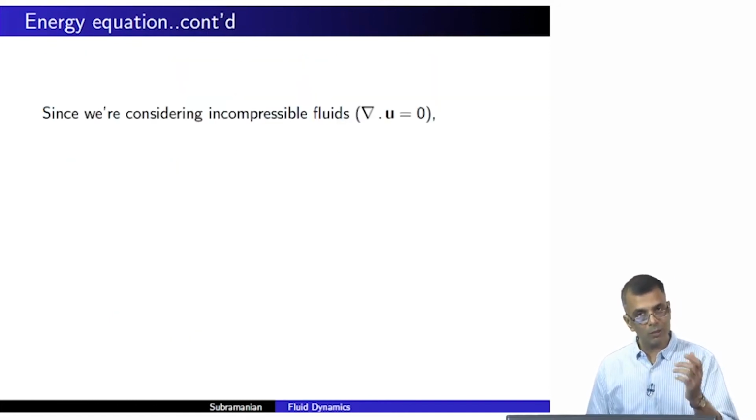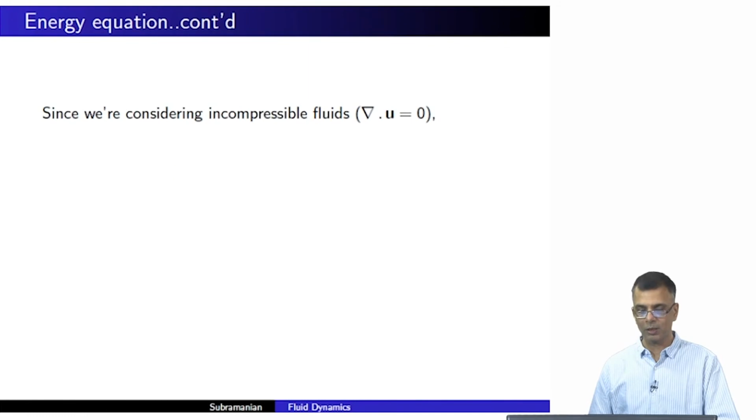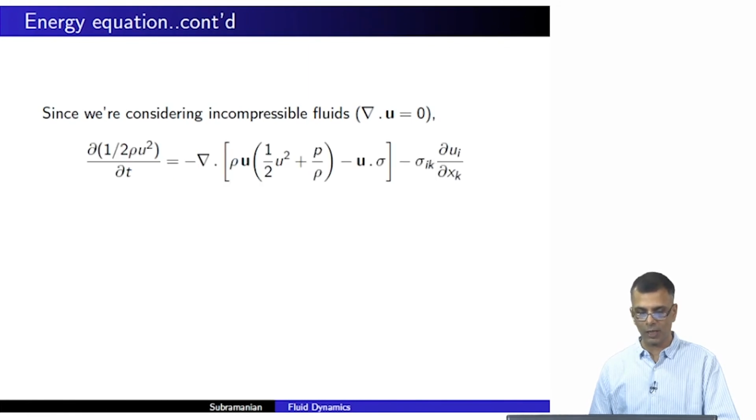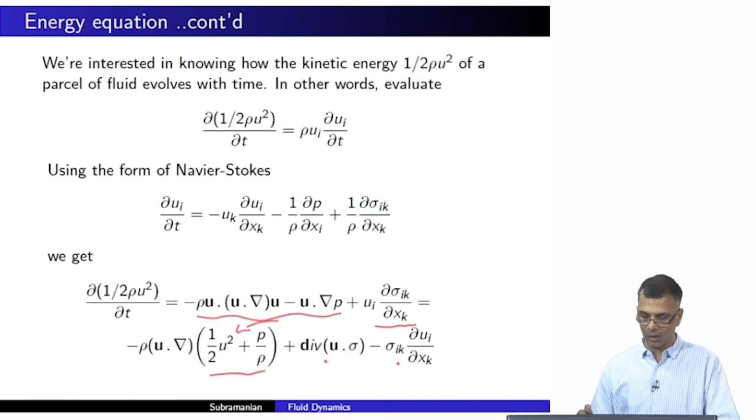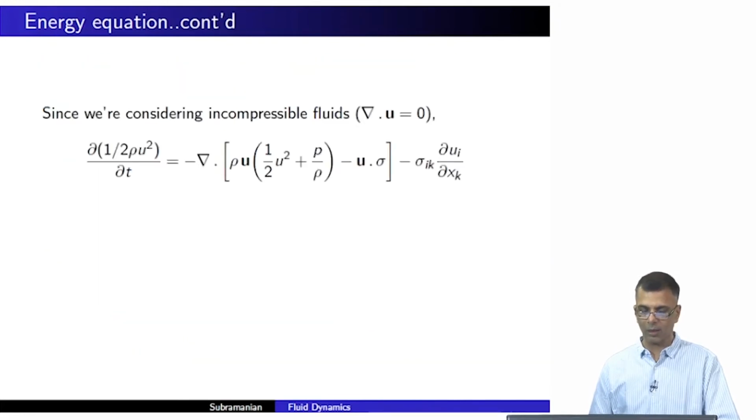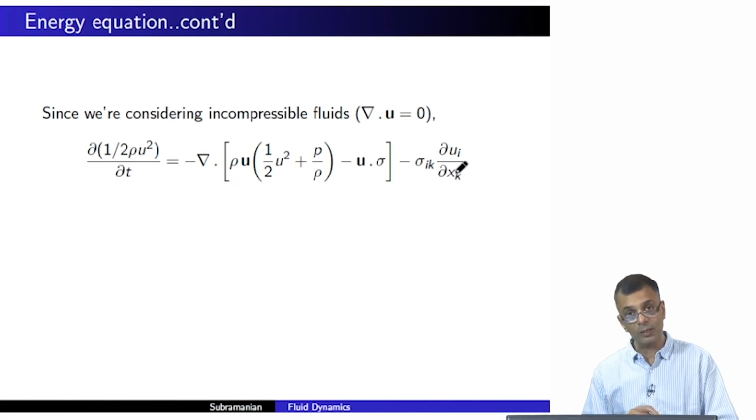So now we specialize to incompressible fluids. Divergence of u is 0, and that simplifies this term a little bit, and we get the same thing, a little simplified, and it becomes like this.